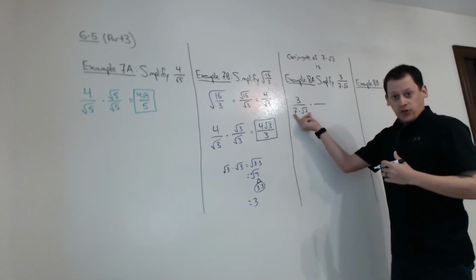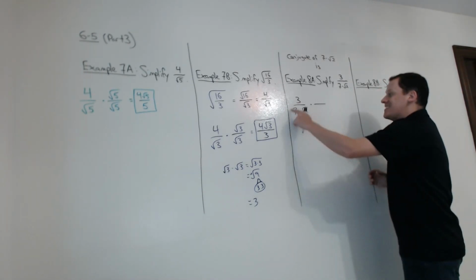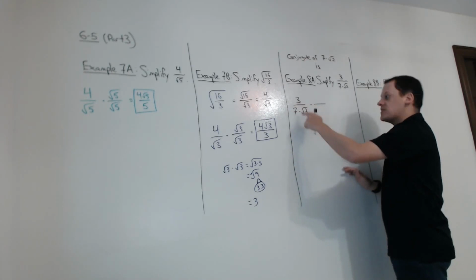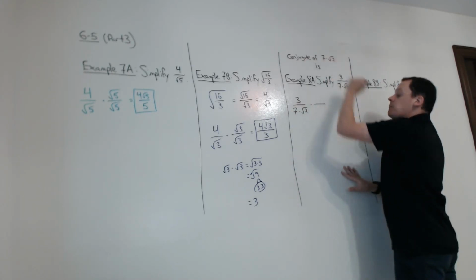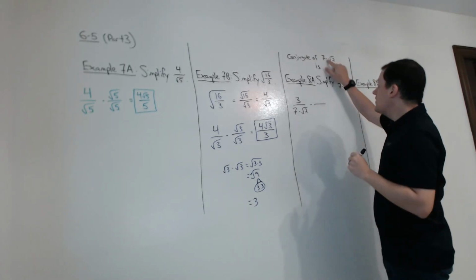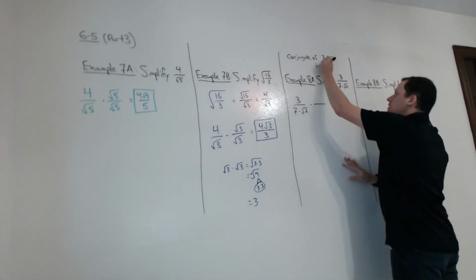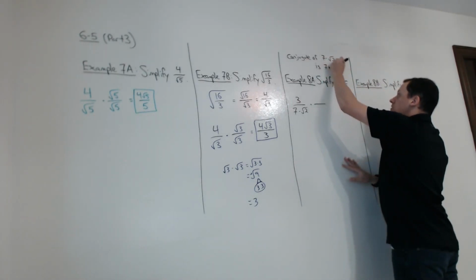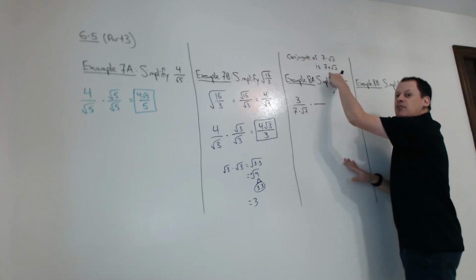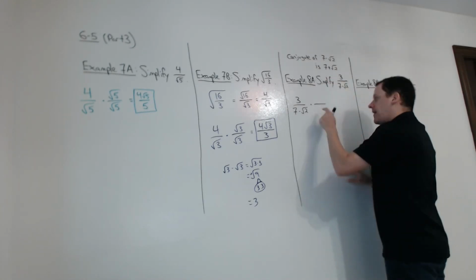If you've got two terms down here, the conjugate is going to be exactly what this is, so 7 minus the square root of 2, but with the opposite sign in the middle. So instead of a minus sign here, we're going to change it to a plus sign. So the conjugate of 7 minus the square root of 2 is 7 plus the square root of 2. That's what we're going to multiply the top and bottom by.